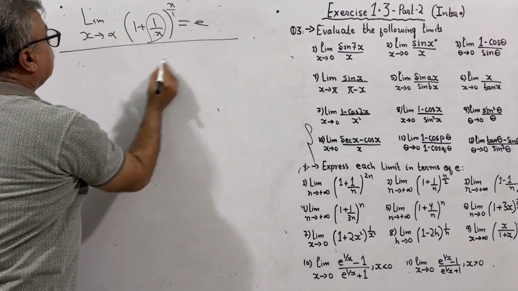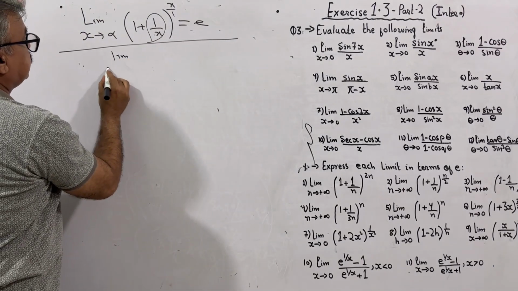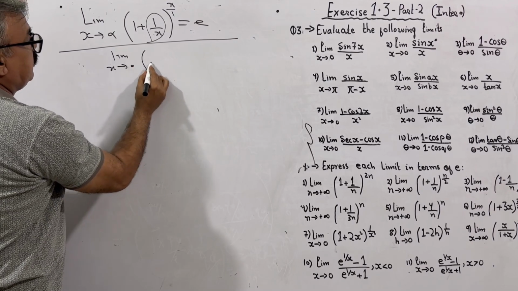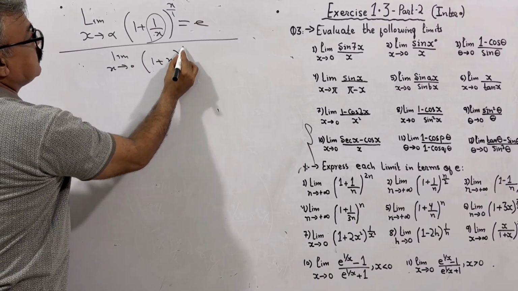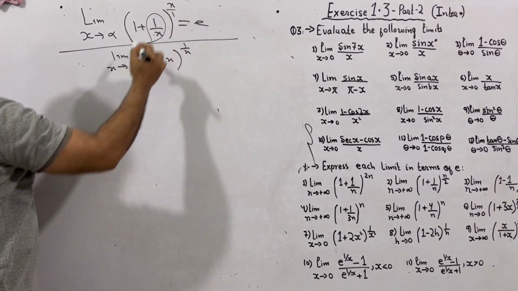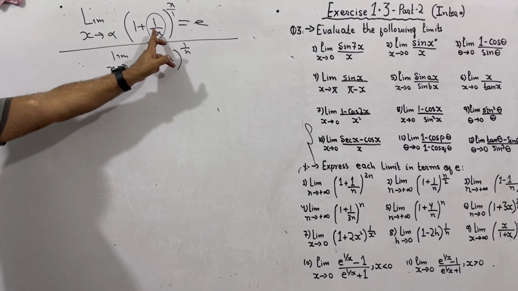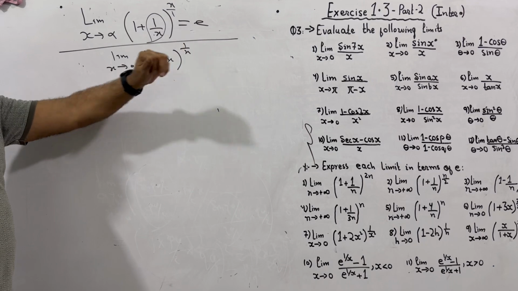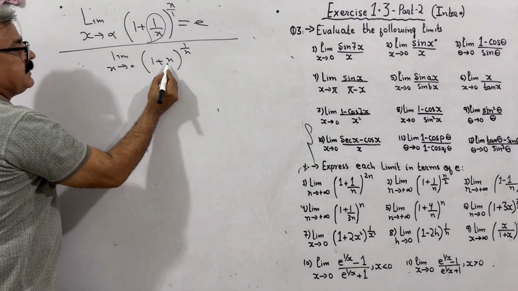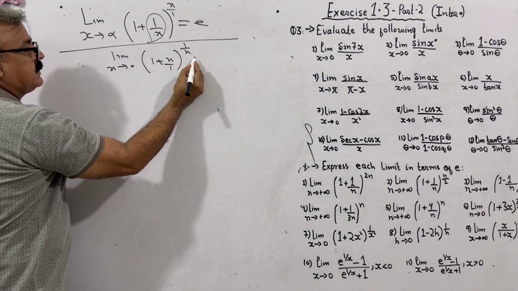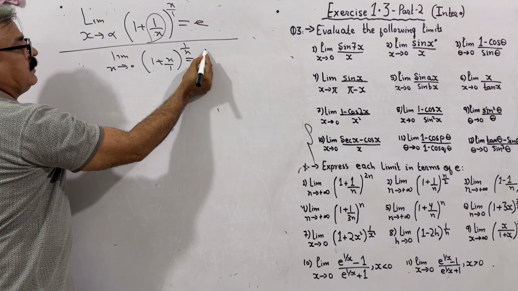And the second form of this formula, with a little variation: limit x tends to 0, we have 1 plus x raised to 1 over x. They are exchanged. 1 over x goes into the power and x comes into the numerator here. 1 plus x raised to 1 over x. The concept is almost the same. There is x over 1, there is 1 over x, reciprocals of each other. It is equal to e.